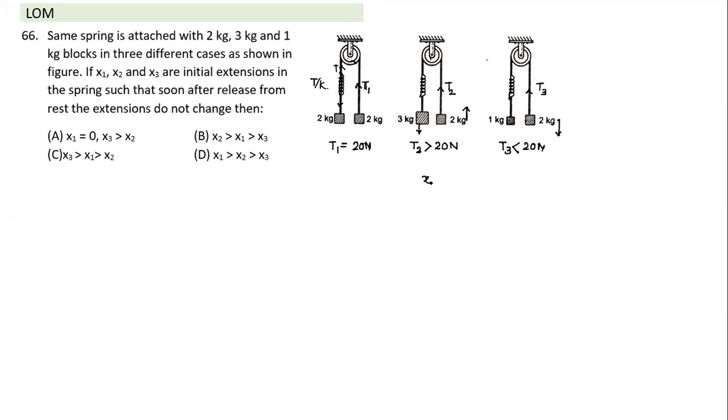So x2 is maximum and x3 is minimum and x1 is somewhere in between. That's the relationship: x3 is less than x1, which is less than x2. That has to be the initial extension of the spring so that even after it's released, the length will remain unchanged.